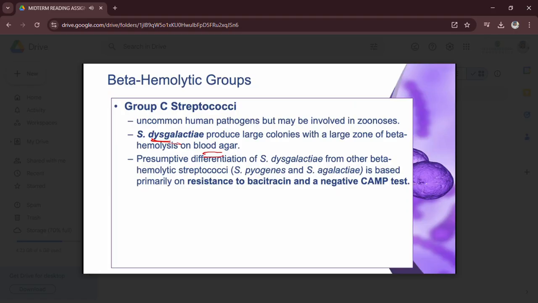However, most clinical infections from your group C streptococci occur in patients with underlying illnesses. Presumptive differentiation between S. dysgalactiae and other beta hemolytic streptococci is based primarily on resistance to bacitracin and a negative CAMP test.